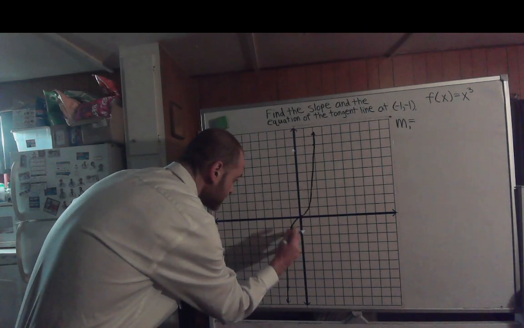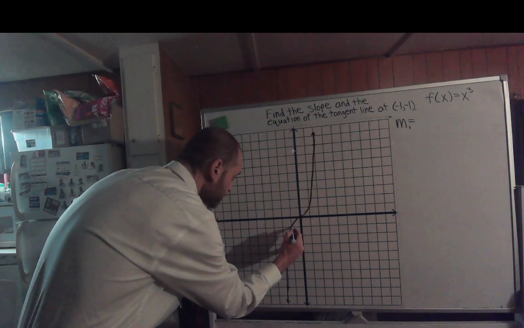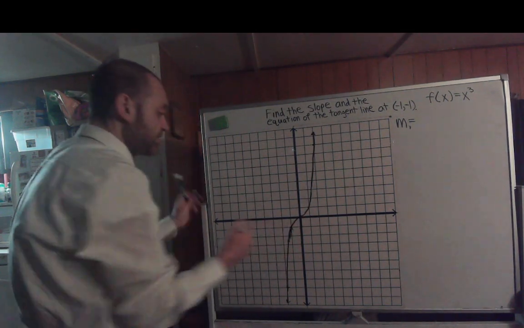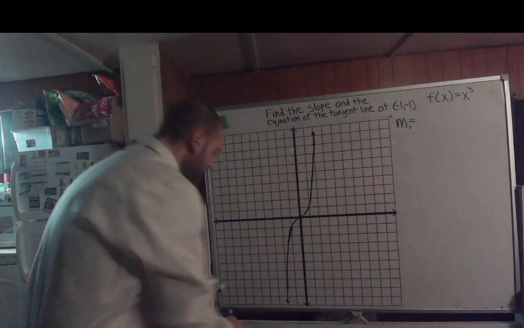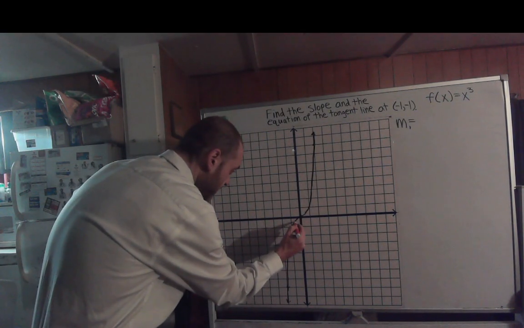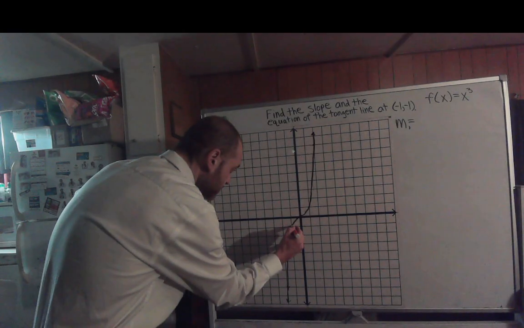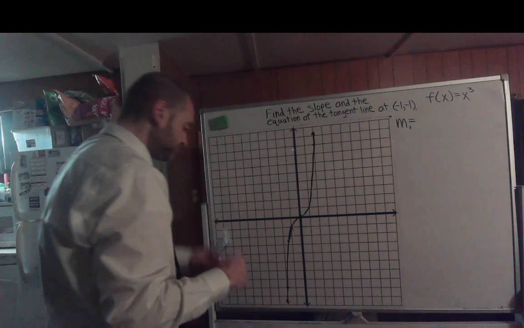So there's my secant line right there from -1.5 to -1. And then I also want to do one from -1 to -0.5. So that's going to be about right there in the red.